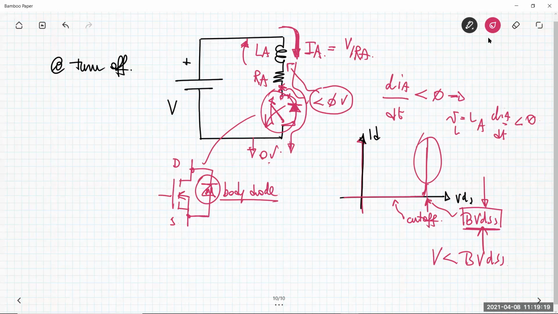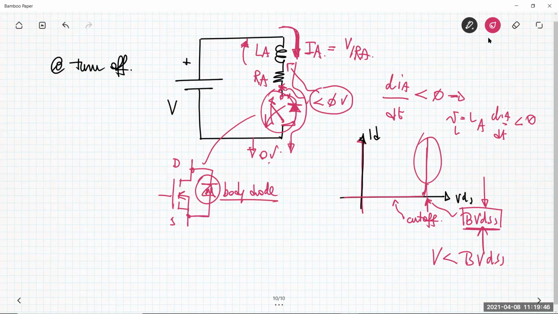What that means is that if you go to the breakdown voltage, but you stay there for a very limited interval of time, and then you go below breakdown voltage, this situation can sometimes be supported by your MOSFET. Okay, it depends on the MOSFET you are using, on what is called avalanche capability, which you can find in the datasheet.